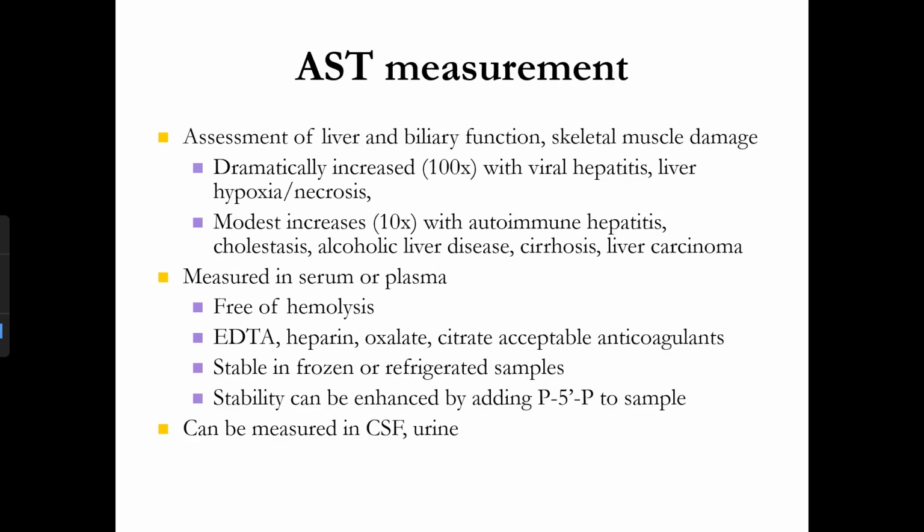AST measurement, assessment of liver and biliary function, skeletal muscle damage. It's dramatically increased 100 times with viral hepatitis, liver hypoxia, and necrosis. There's moderate or modest increases, like 10 times, with autoimmune hepatitis, cholestasis, alcoholic liver disease, cirrhosis, liver carcinoma.